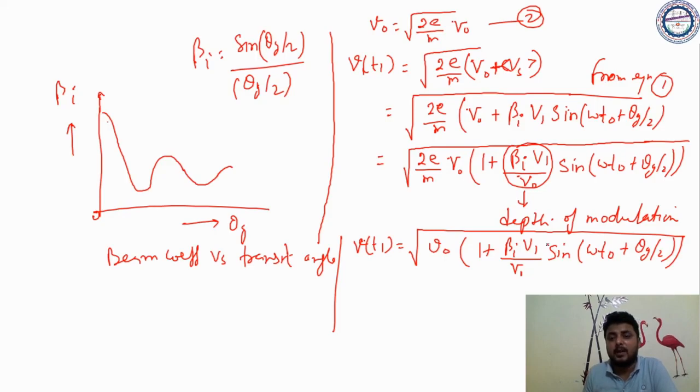While discussing earlier I told you about the gap of the reentrant cavity: the uniform velocity electron v naught is coming to this gap, and in this gap we have Vs. So in the positive half cycle what will happen, in the negative half cycle what will happen, you can see in this equation.